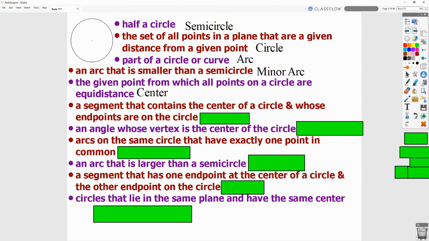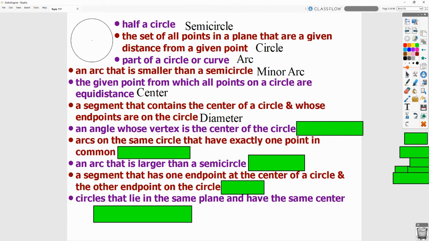A segment that contains the center of a circle and a segment whose endpoints are on the circle. That is what is called the diameter. As we describe all of these in words, it's not necessarily going to make perfect sense. Not that this is the most complicated language in the world, but a lot of this is going to make a lot more sense as we look at pictures of all of these things in a minute.